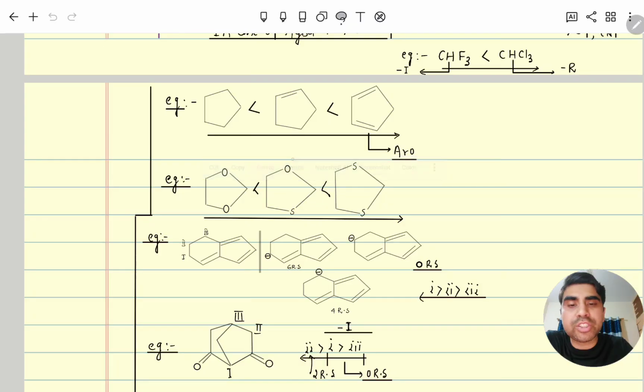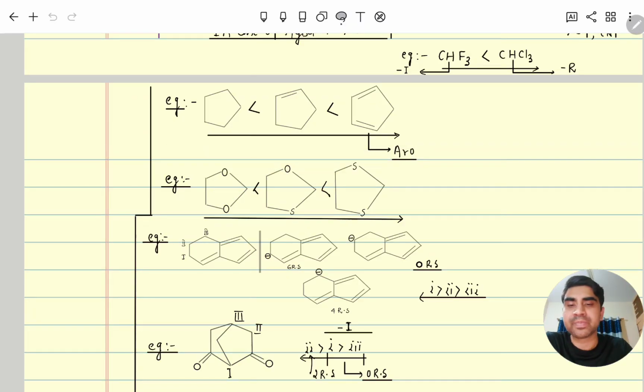Here oxygen will have minus I, but sulfur has that minus R, so due to back bonding it is more stable, but here only minus I. So the resonance effect is prominent, so this conjugate base will be more stable, meaning its acidic strength will be more as compared to the others.